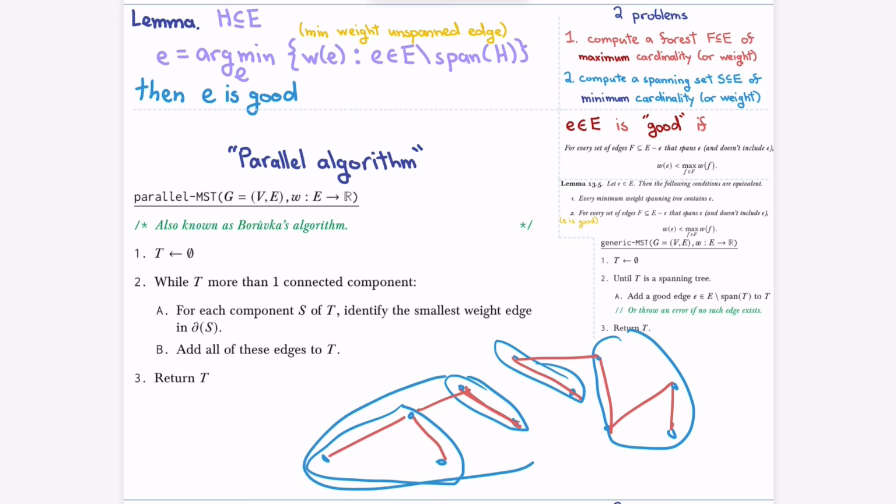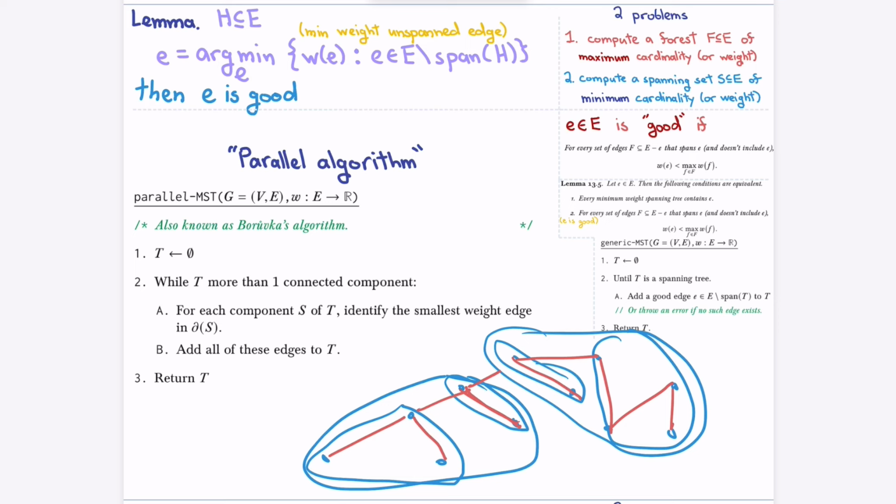And then you contract those components like this. And eventually it gets connected. So now instead of our certificate H being all the edges that are incident to the vertex, it'll be all the edges not incident to this whole component. This one actually might be the most practical algorithm.